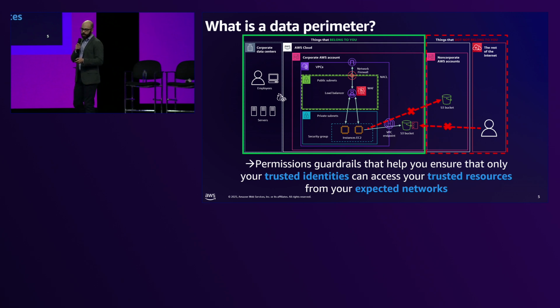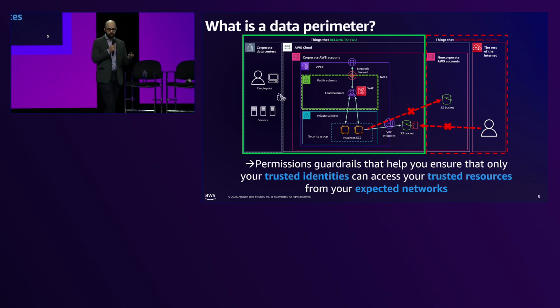So the key takeaway is that data perimeter controls are permission guardrails. It means that, first of all, a data perimeter is not an AWS service per se. It's rather a framework that uses different types of authorization policies, such as service control policies, resource control policies, or VPC endpoint policies, that you would use to meet your security objectives.